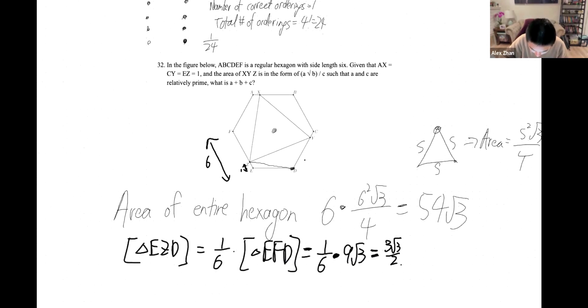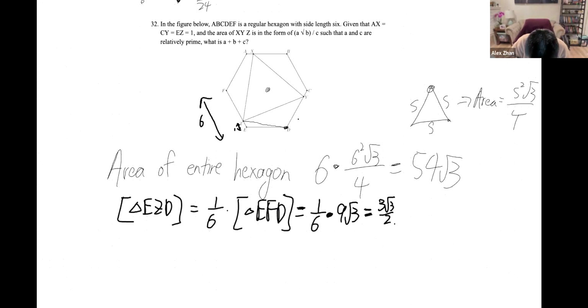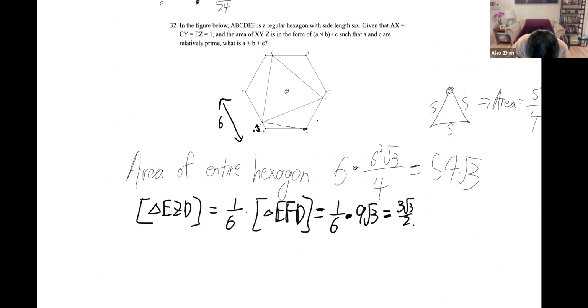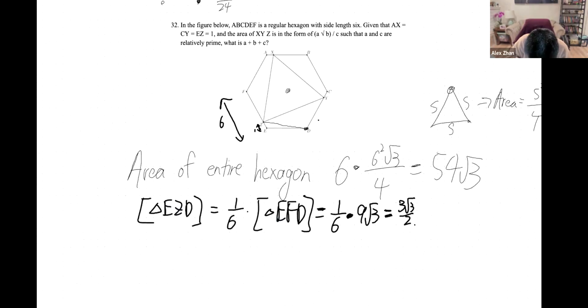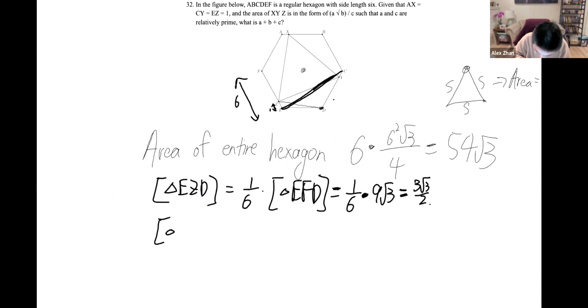The area of triangle ZDY can also be found similarly. Let's compare it to the area of triangle EDC. First of all, the area of triangle EDC is simply going to be 9 root 3.